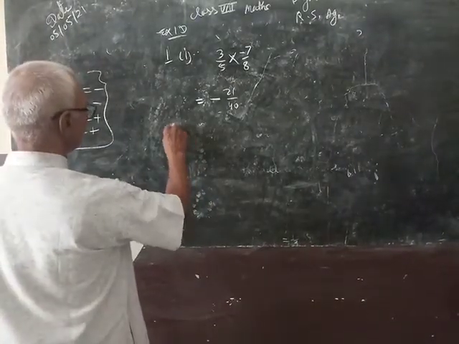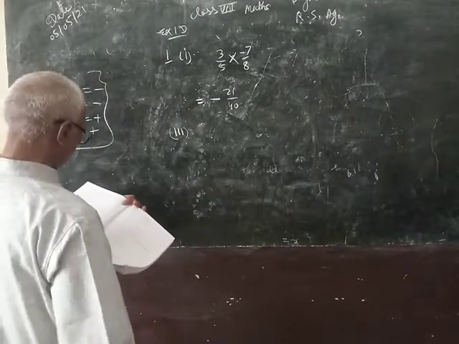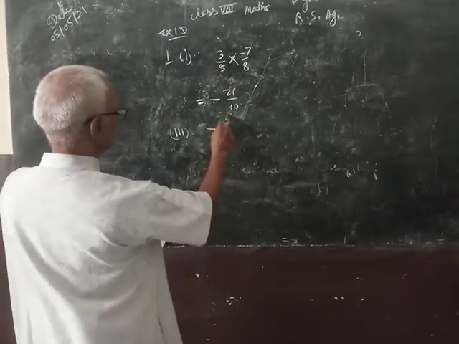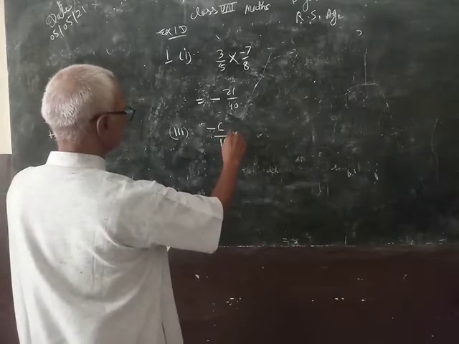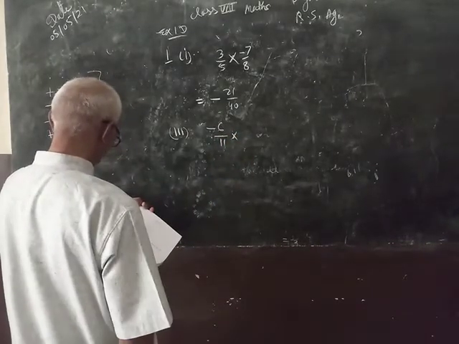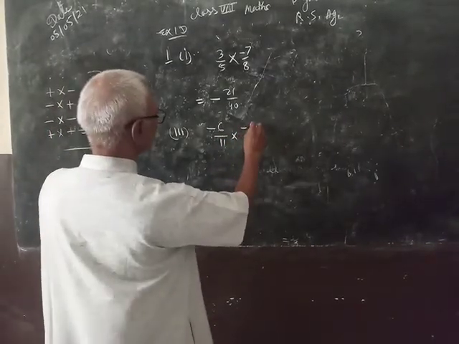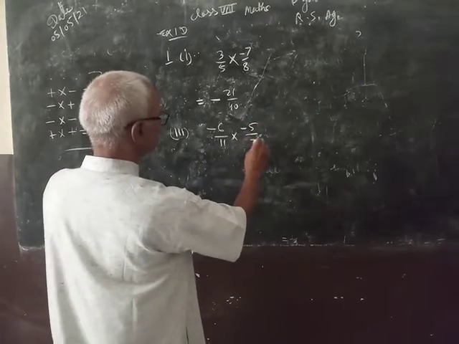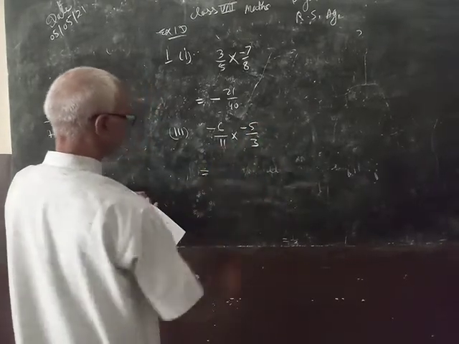In the third part, you see here, minus 6 by 11 into minus 5 by 3. Both are negative, so positive will come.